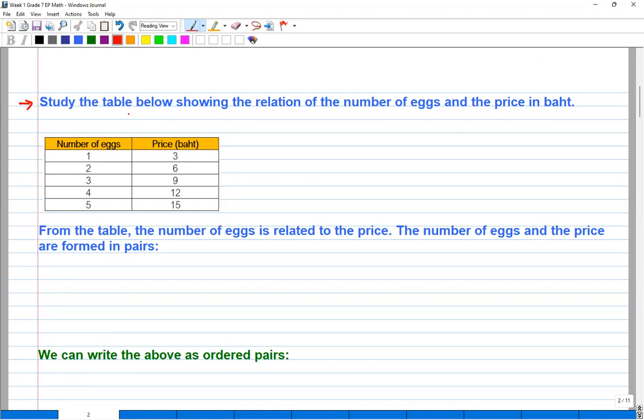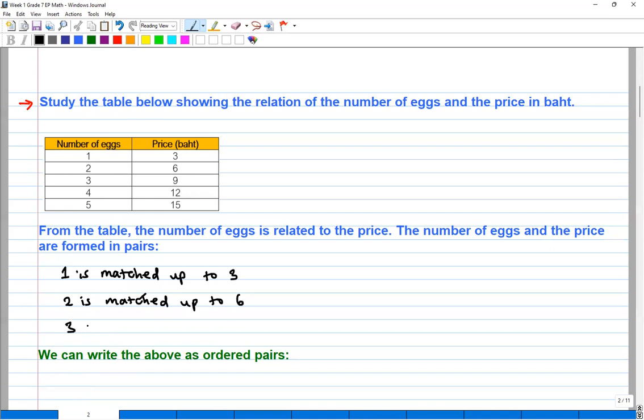So we can say that 1 is matched up to 3. Then 2 is matched up to 6.